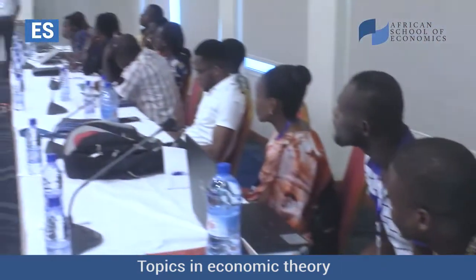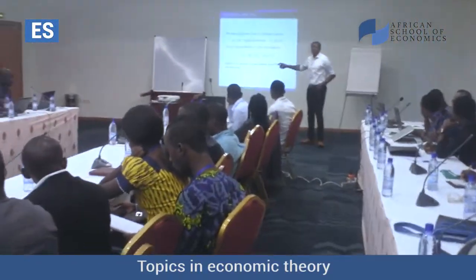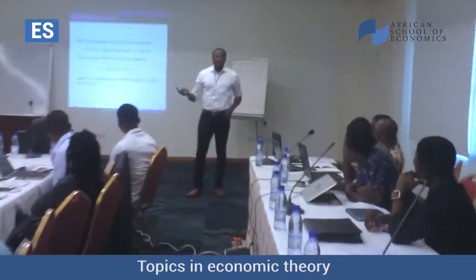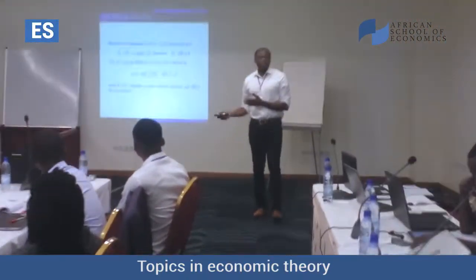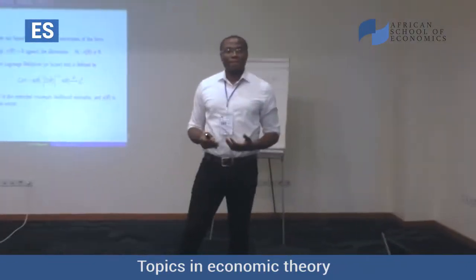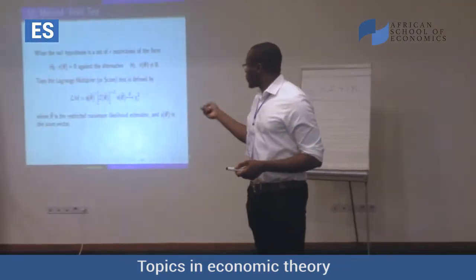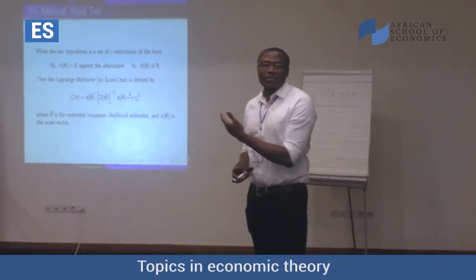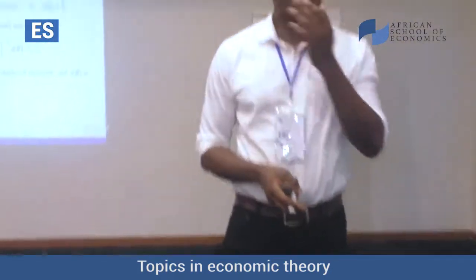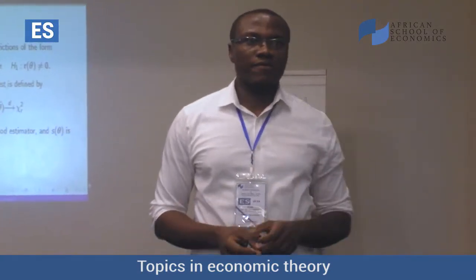So this test converges to a chi-square distribution, regardless of the original distribution of the data. And if I don't have a large sample, yes, I can still use this, provided that I have a distribution that's normal to begin with, for example. So in the context of the linear regression model, where we assume that the error term is normal, yes, I can still use this test even if the sample is small.